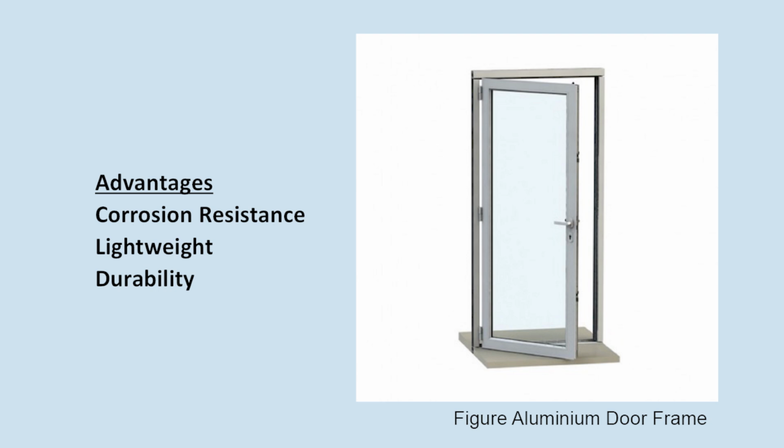Next advantage is lightweight. Aluminum frames are lighter than steel, which makes them easier to handle and install. Next advantage is durability. Aluminum frames are durable and can withstand various environmental conditions without significant degradation.